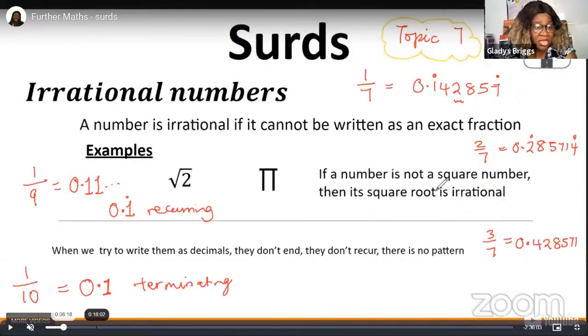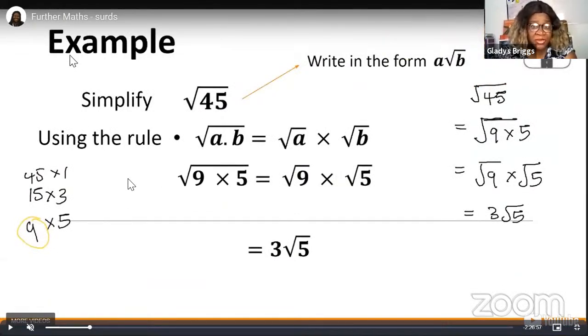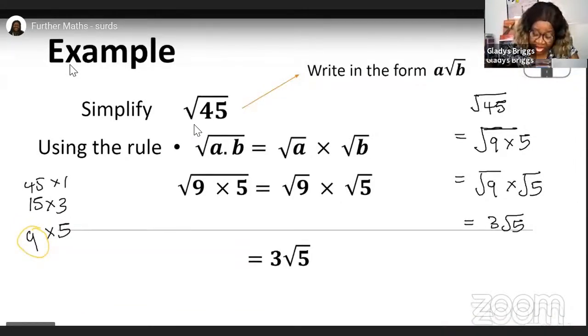Yeah, we had a look at, we know what irrational numbers are. And I told you about the multiplication rule and the division rule. And you should be able to simplify surds, okay? And write them in the form A root B, okay? You should be able to, if I ask you to simplify the square root of 45, you should be able to write it in the form A root B. And your question might say something like that, okay, in the exams.